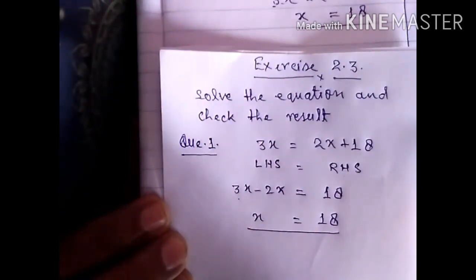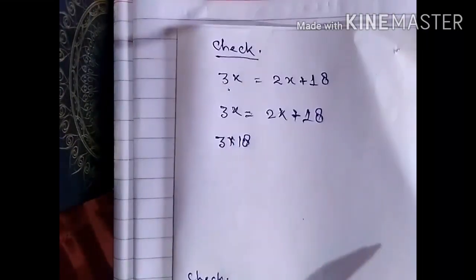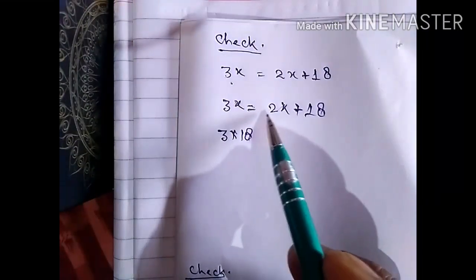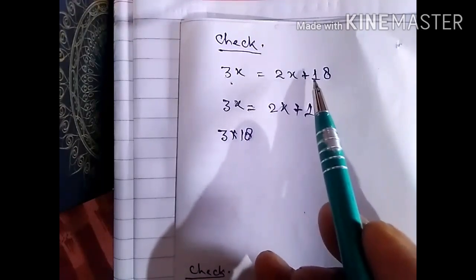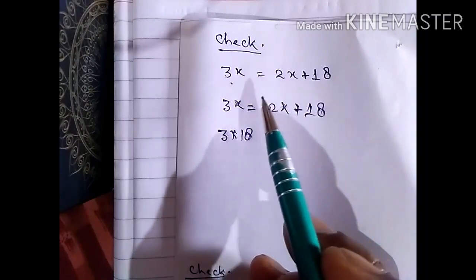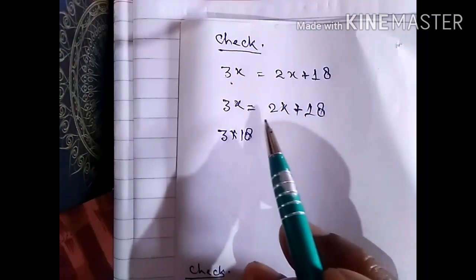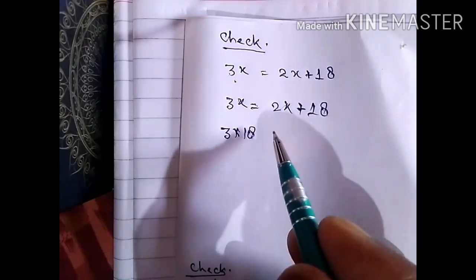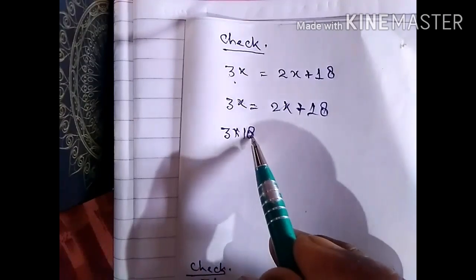Now, we have to check whether this answer is correct or not. Now, we will check 3x is equal to 2x plus 18. This is our equation, and in this, student, we have to write 3 into 18 because in place of x there is 18.